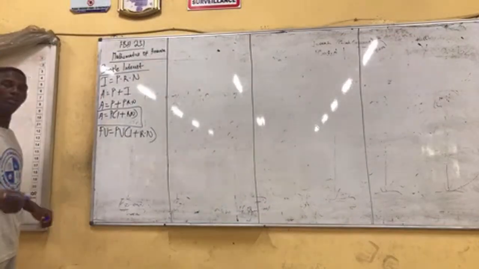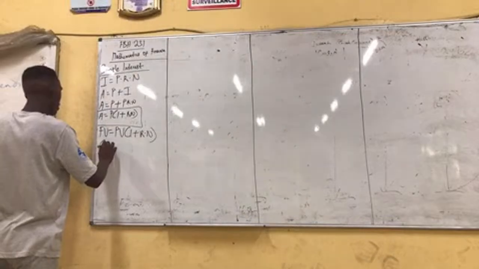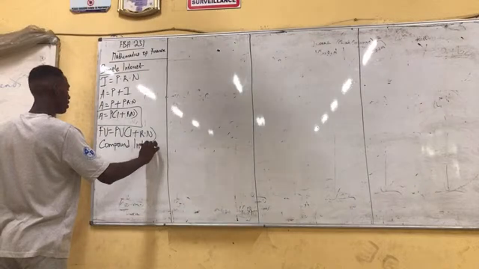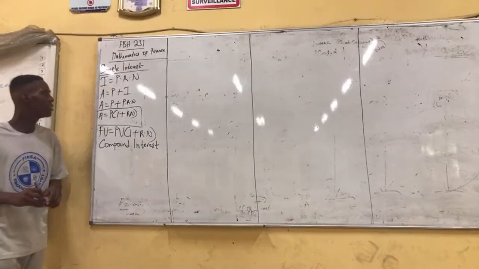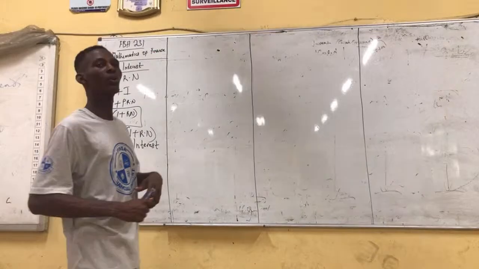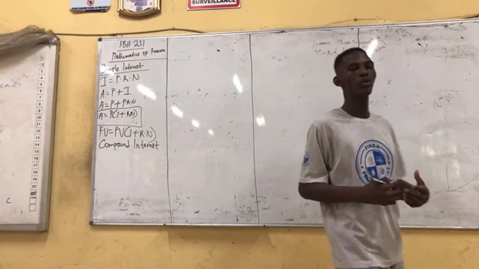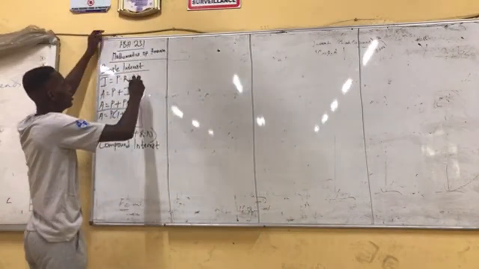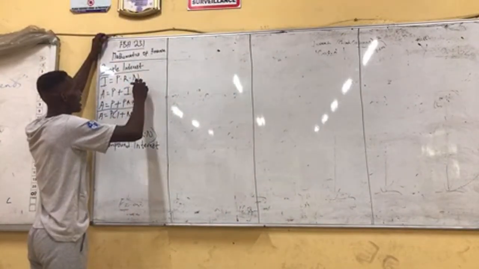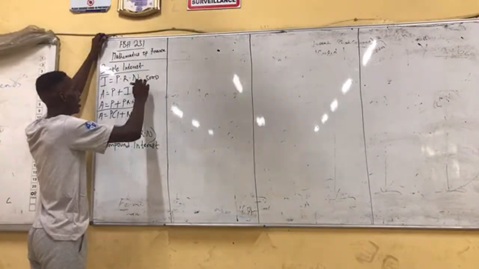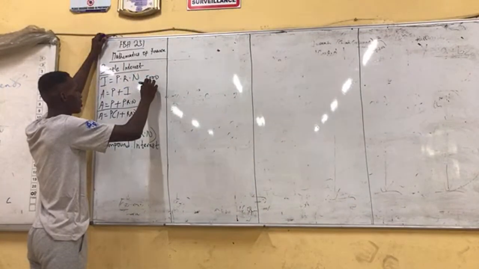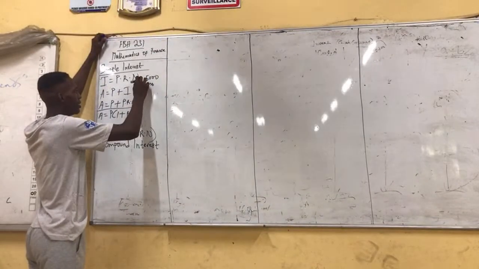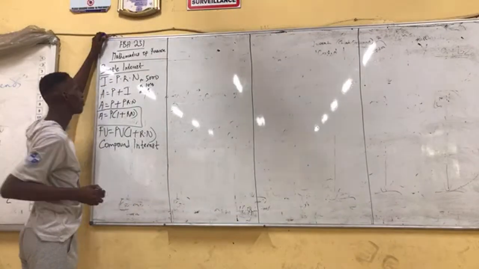Now the next is compound interest. What's the difference between simple interest and compound interest? For simple interest, your interest is constant throughout the life. So what do I mean? Let's dive a little bit into some explanation. Let's assume our principal is 5,000 and our rate is 10%.